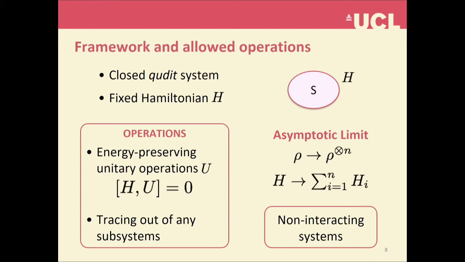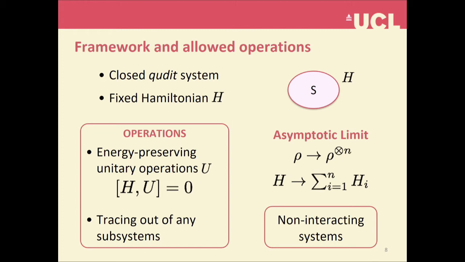In particular, what we ask is that the unitary operation commutes with the Hamiltonian of the system, which means not only the average energy is conserved, but all moments of energy. It's quite a strict request. Then we can forget about any subsystem in our system. So you can notice that what we lack here, in comparison to thermal operations, is the possibility of adding as many thermal states as we want. So we don't have this infinite thermal reservoir with us in this scenario.